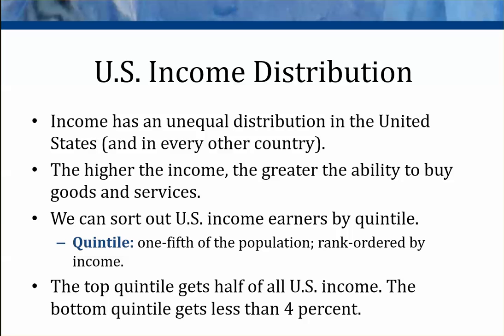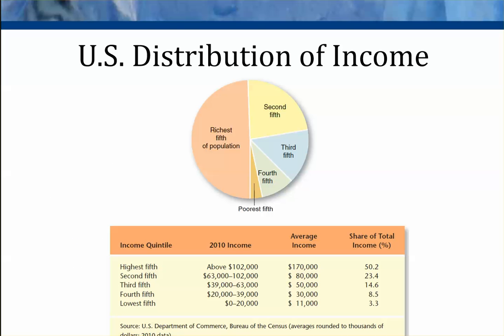And we can sort the United States income earners by quintile, so 1/5 of the population ranked in order by income. The top quintile gets half of all United States income. The bottom quintile gets less than 4%. So this graph will tell us the distribution of income, and you can see the income inequality.